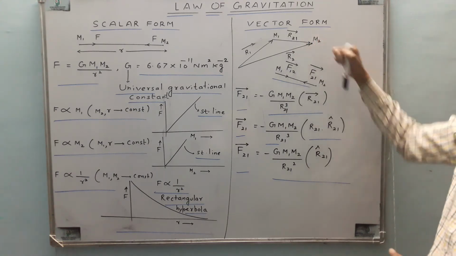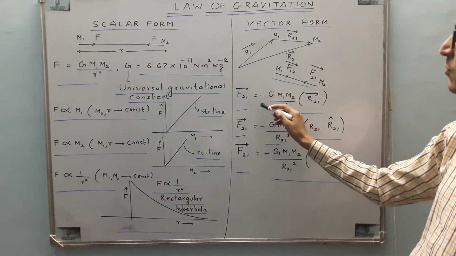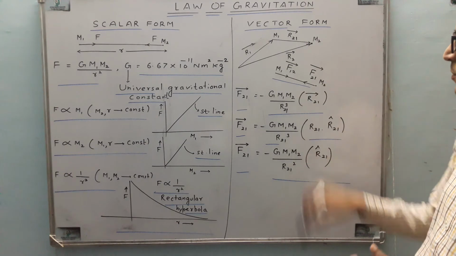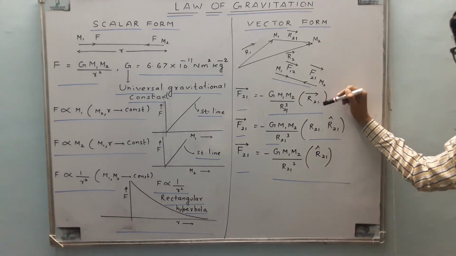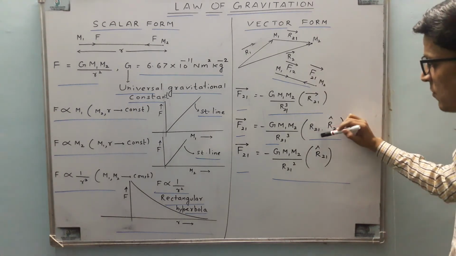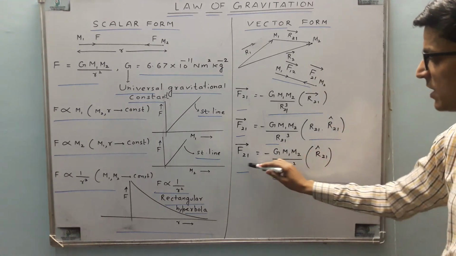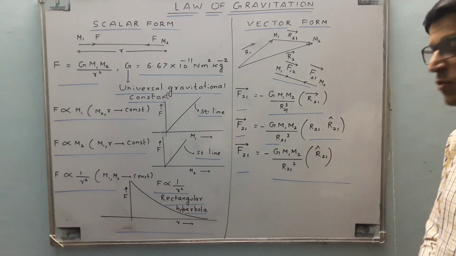I name it as F12. Mathematically, the relation is that vector F21 is minus G m1 m2 upon r21 cube into vector r21. If we replace vector r21 by a unit vector, then vector r21 will be the magnitude of r21 into the unit vector. So we have vector F21 is minus G m1 m2 by r21 square into r21 unit vector.